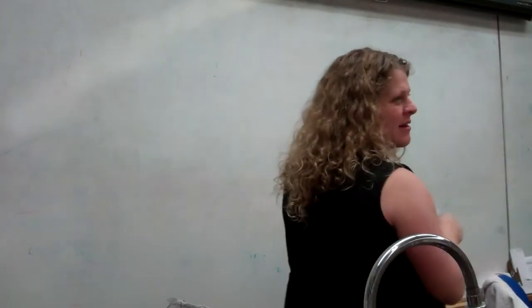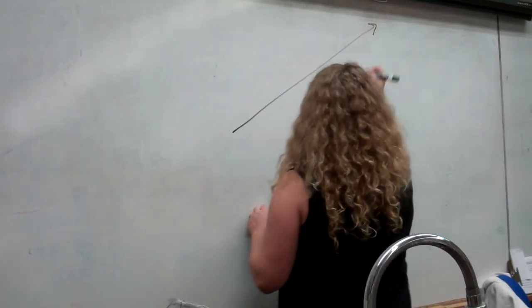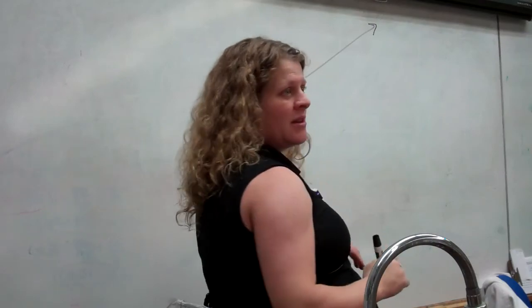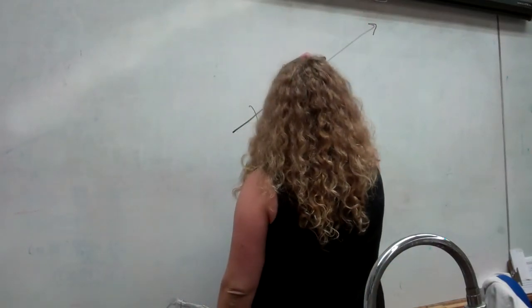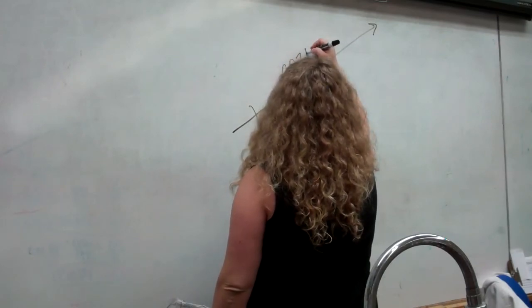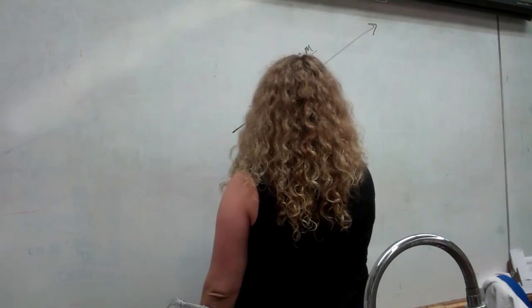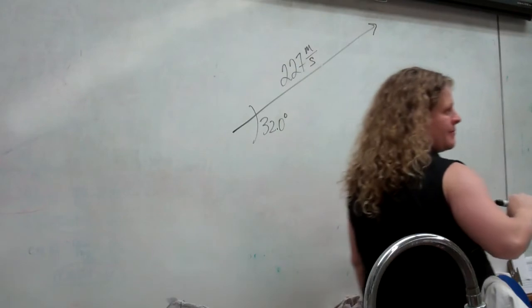Okay. Bond has the plane. He's flying the plane at 32 degrees above the horizon, flying it up in the air, traveling at, we'll make this 32.0 degrees, 22.7 meters per second.